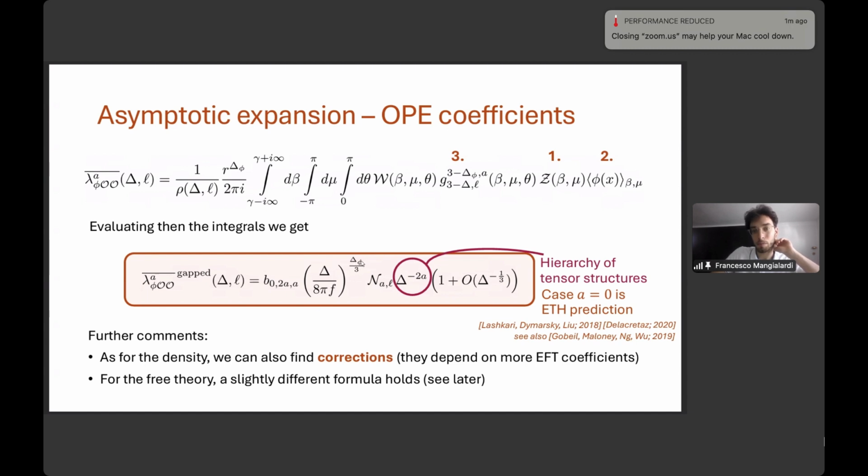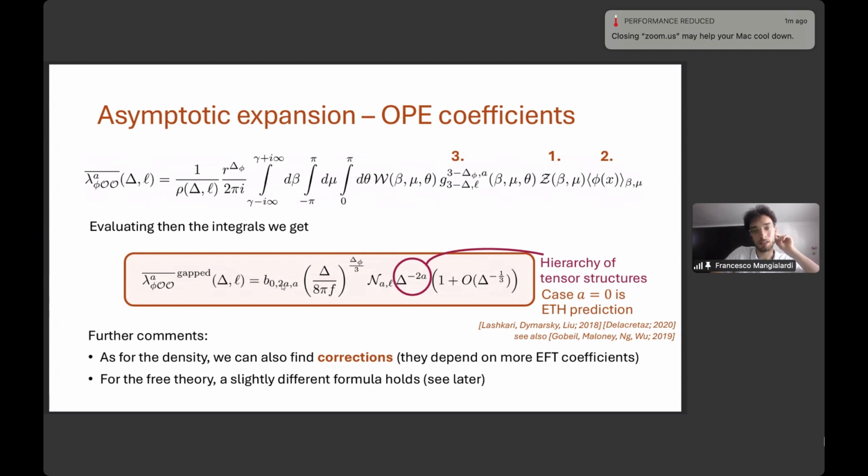The ETH prediction is that all the OPE coefficients in all tensor structures go like the A equals 0 tensor structure. So they all go like delta to delta phi over 3. And this is due to the fact that the choice of basis for the OPE coefficient is such that all the terms in the ETH basis contain the same amount of our dominant tensor structure.